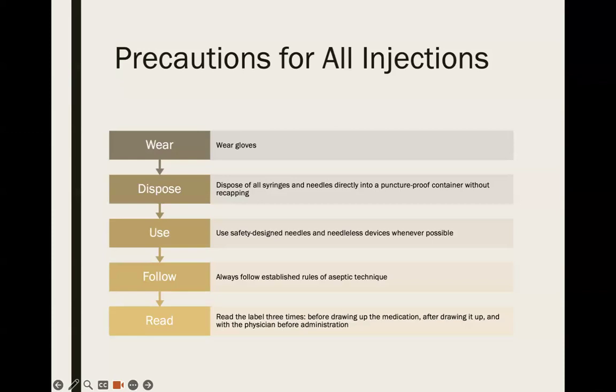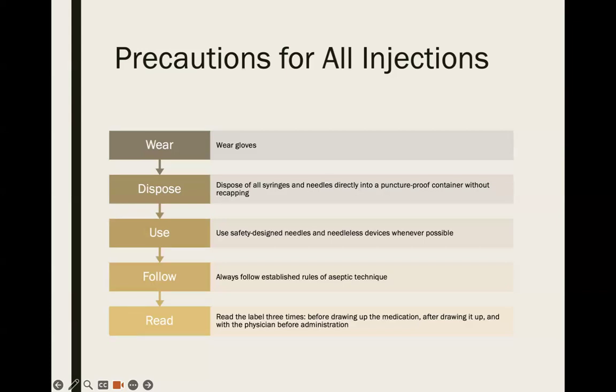If we are drawing up a medication to administer, we want to make sure we read the label 3 times: before drawing up the medication, after drawing it up, and before it is administered. A lot of times, if you work in a CT department, you may use different concentrations of contrast.